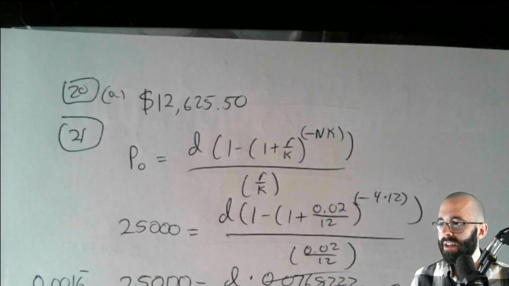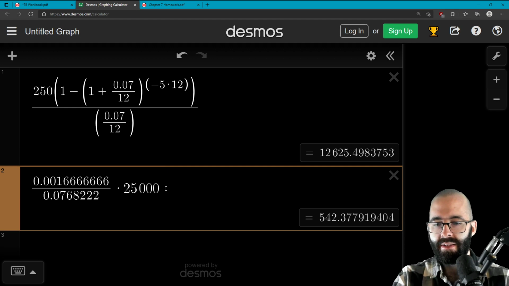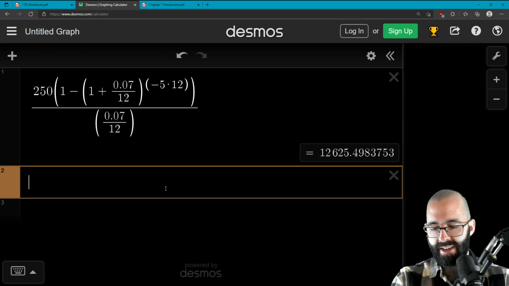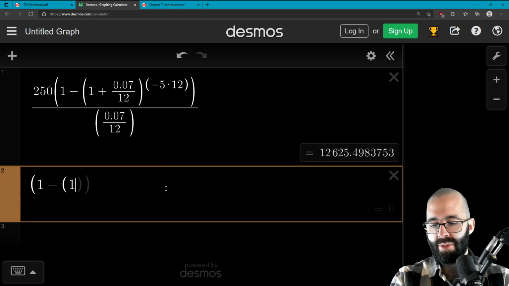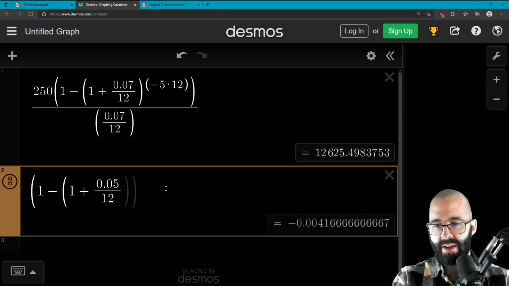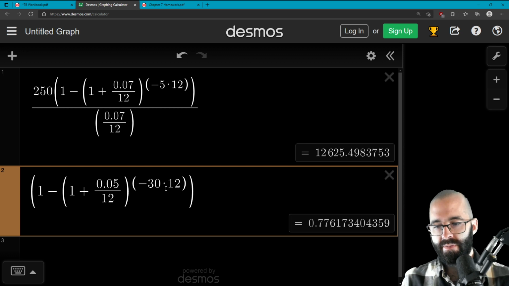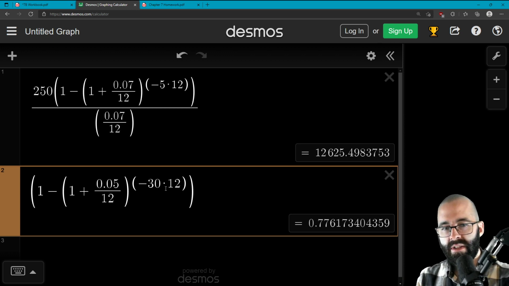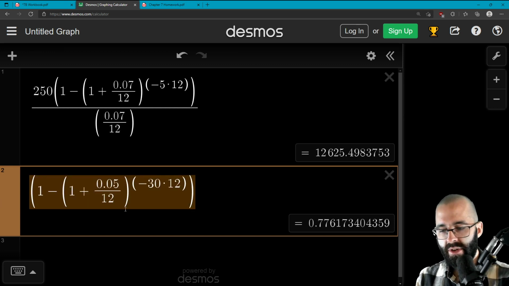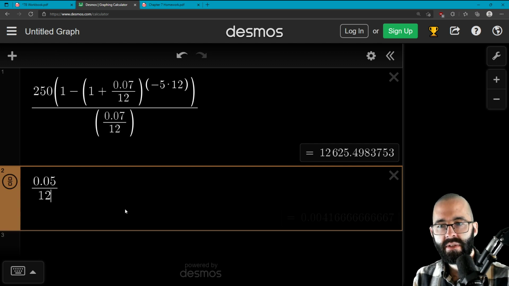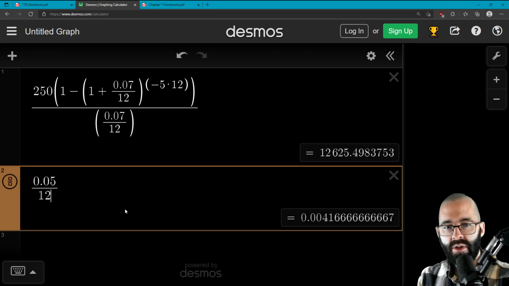Let's go over to our calculator, type in that numerator. 1 minus 1 plus 0.05 divided by 12. Raise the negative 30 times 12. That numerator is going to be 0.7761734. And the denominator is just going to be 0.05 divided by 12, or 0.00416 with the 6 repeating.